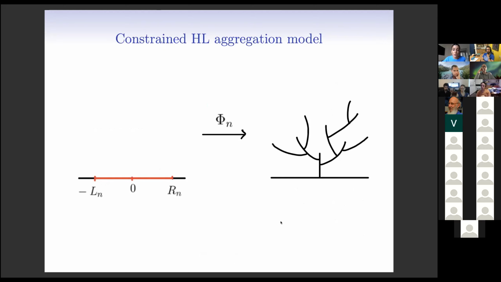Okay, so to get an idea of what these clusters should look like, we can try to simulate them. And I'll show you some simulations. What we did here is we didn't simulate the cluster itself, the boundary of the cluster itself, because the boundary is very badly behaved.